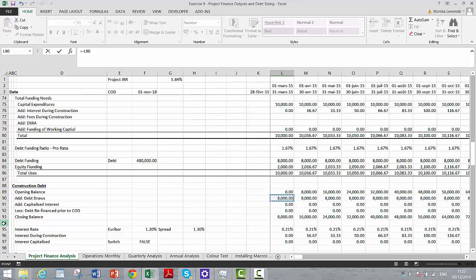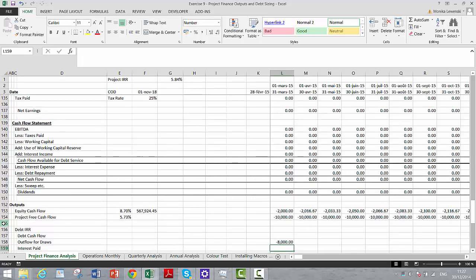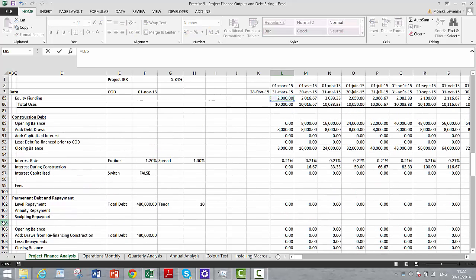I don't think it really matters which one we take. Okay, and then we have the interest paid. Let's first take the interest paid during the construction. It's the interest during construction minus the interest capitalized. If we capitalize, our balance becomes bigger and then we have to repay more debt later. So we have to be careful with that.